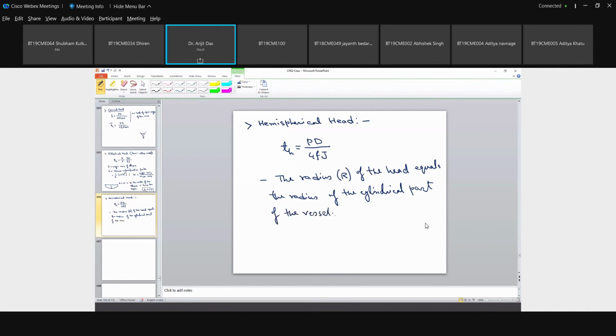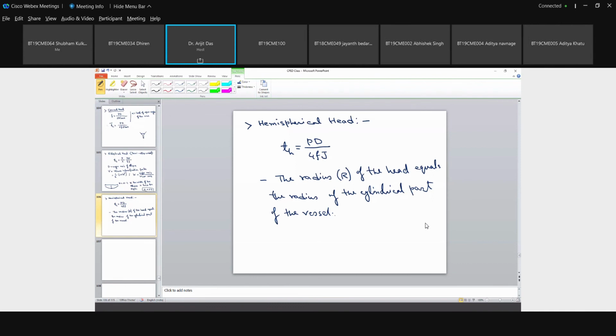And since no knuckle portion is there for the hemispherical head, there is a gradual decrease of the diameter. Okay, so from every side, this is a 3D picture, the localized stress does not form.